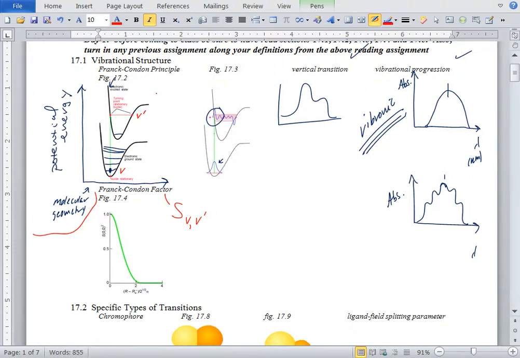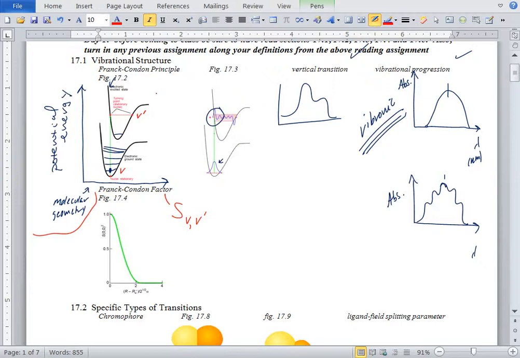If you want to describe or draw or give the mathematical equation for a vibrational energy level, you have to give the quantum number V. Well, in the ground state, it's V. In the excited state, V prime.